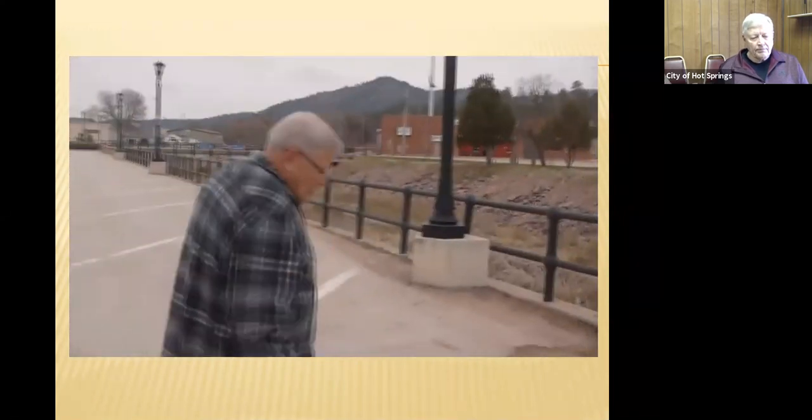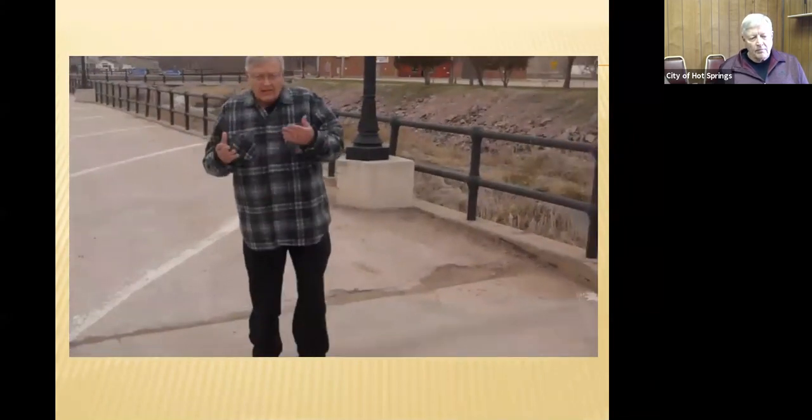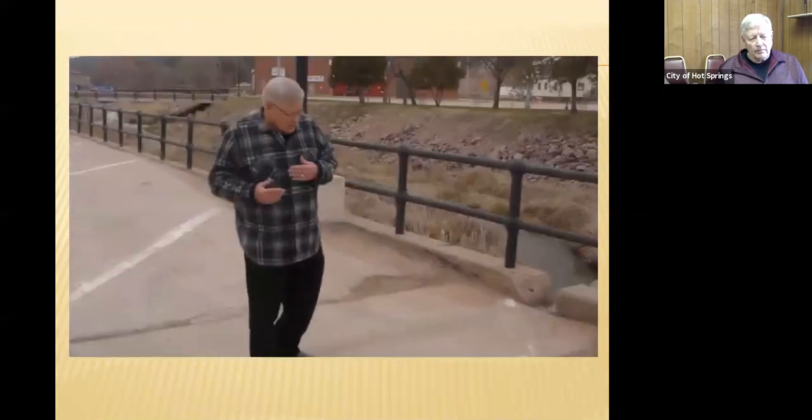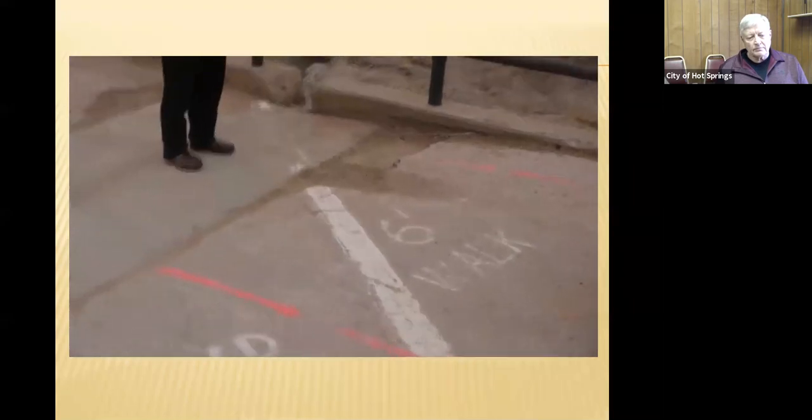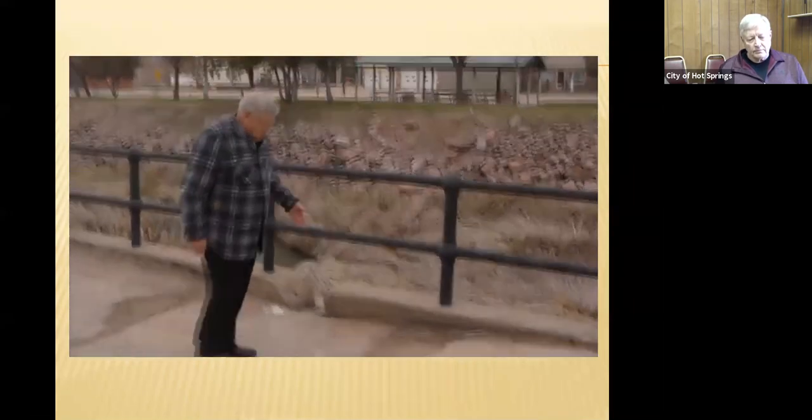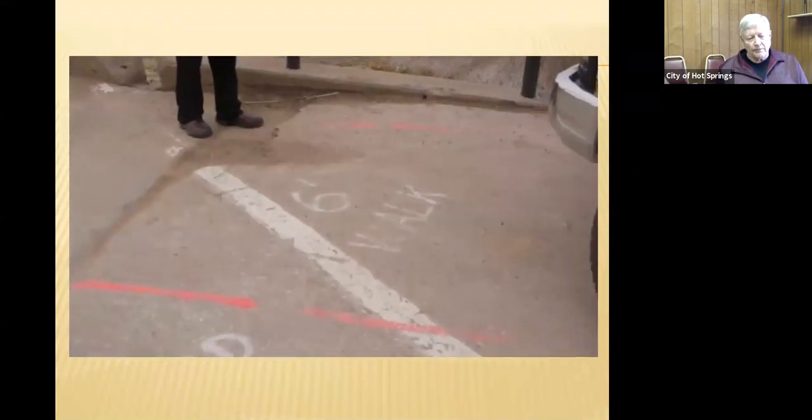Let's take a look down at the mismatch of the flood wall also, to see exactly what would happen in another location. We've actually got the markings on the street right here. Again, you have the mismatched flood wall.